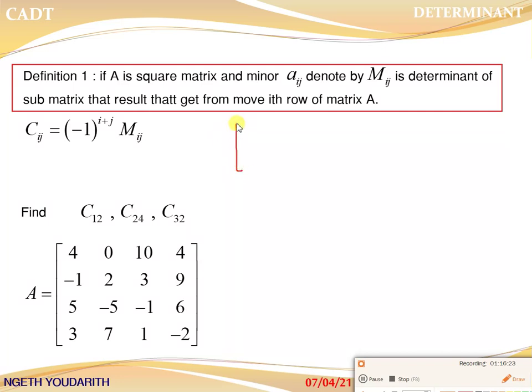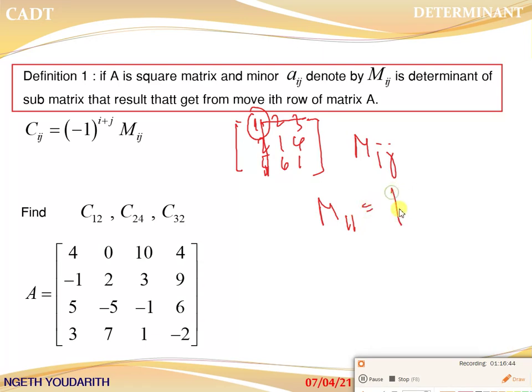For example, I have matrix A: 1, 2, 3, 2, 1, 4, 5, 6, 1. This is the minor of A11. I open this one, and M11 is equal to 1, 4, 6, and 1. So the determinant is 1 minus 24, which is negative 23.